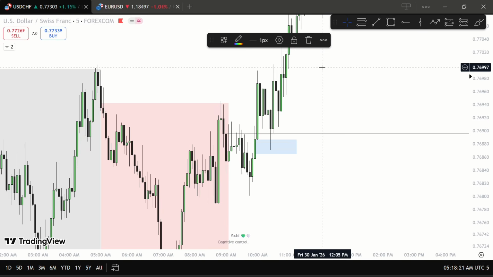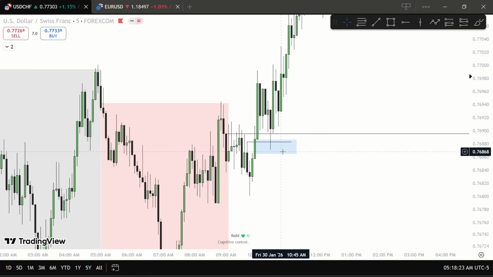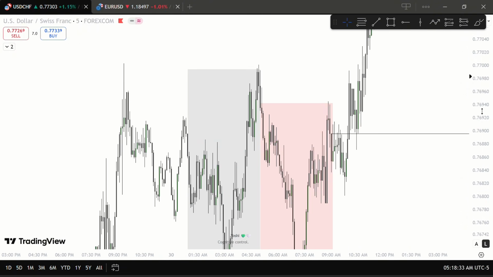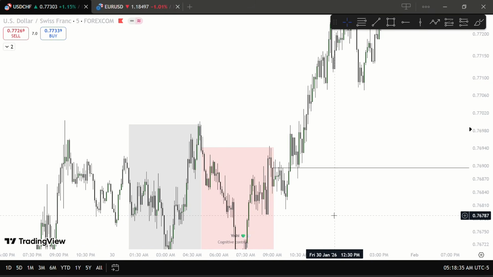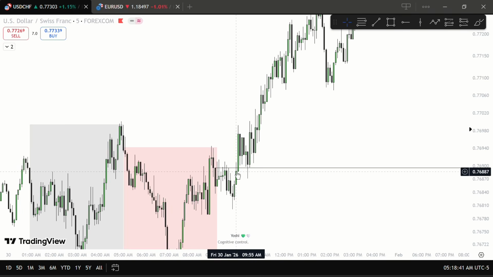So now your entry zone, your entry model comes in here, whichever one you'd like to take, the order block or the fair value gap. But it is advisable, while trading at lower time frames, I basically use imbalances. I basically use gaps as my entry.